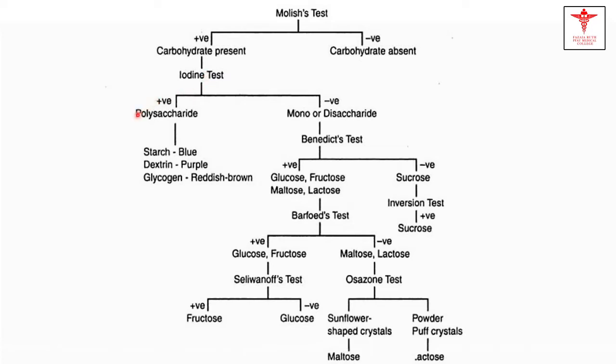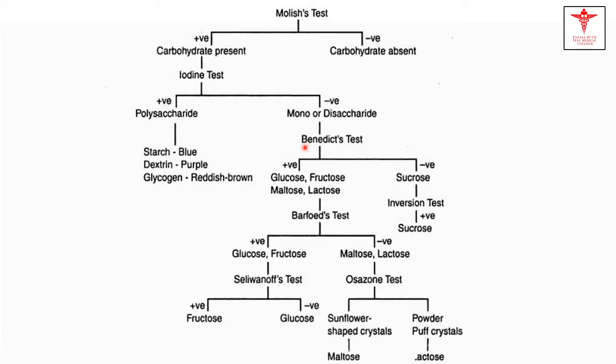Now in Iodine test, polysaccharides may give different colors. For example, starch gives blue color, dextrin will give purple color, and glycogen will give reddish brown color. And in case the Iodine test is negative, we move towards Benedict test, which is for the detection of reducing sugars.